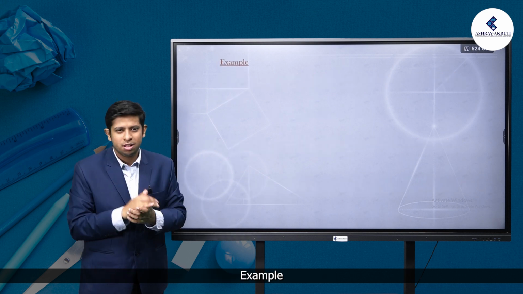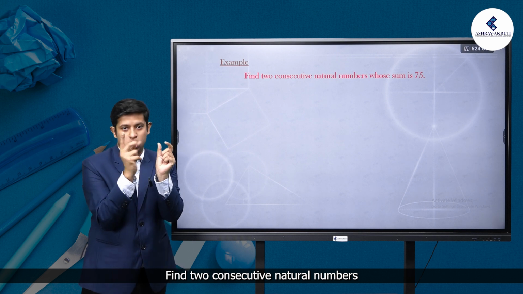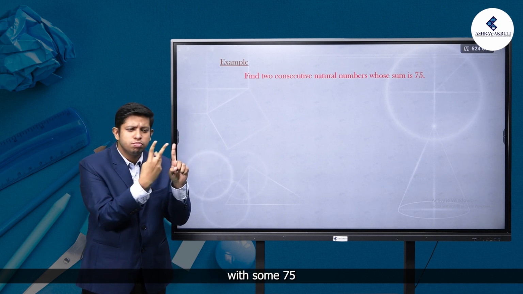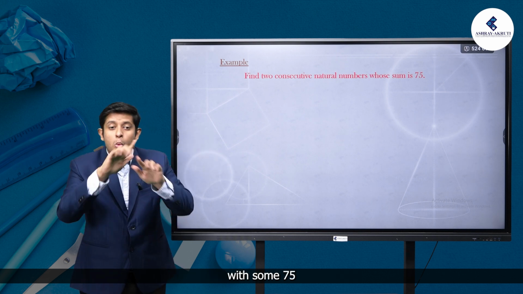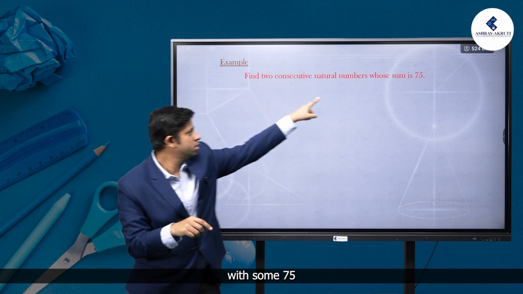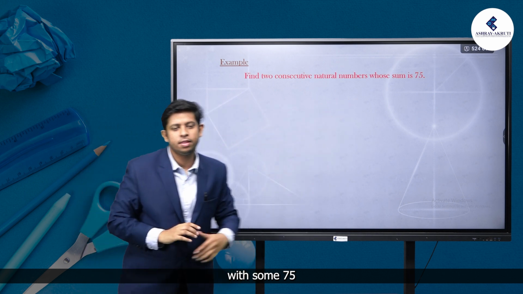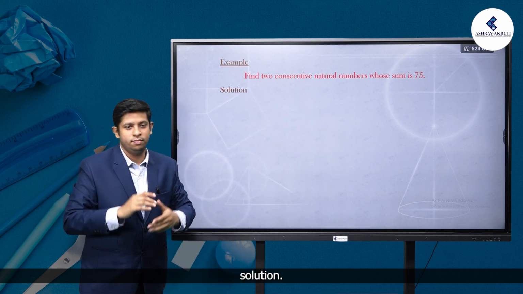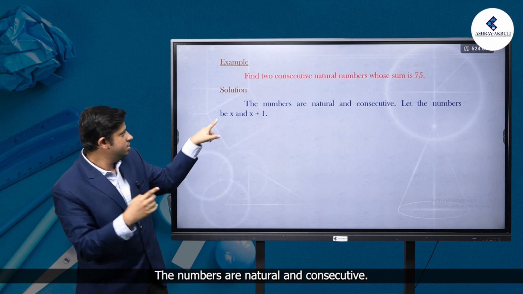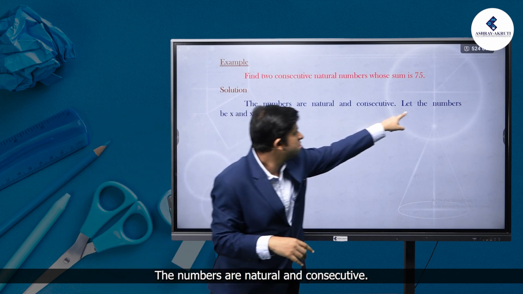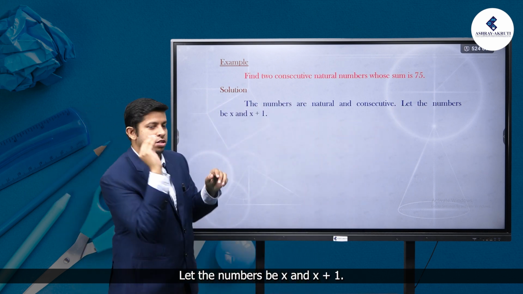Example. Find two consecutive natural numbers whose sum is 75. Solution. The numbers are natural and consecutive. Let the numbers be x and x plus 1.